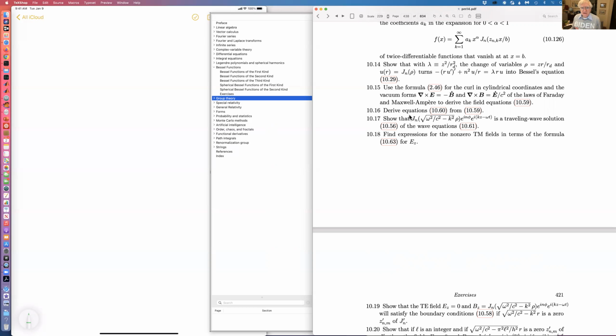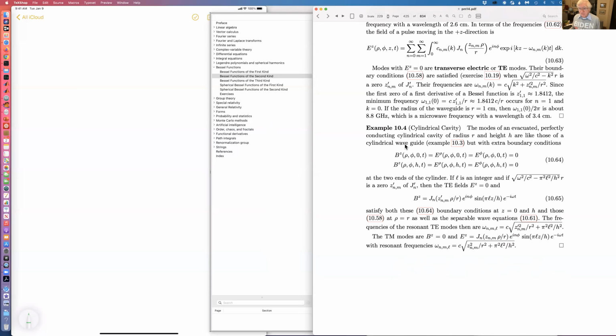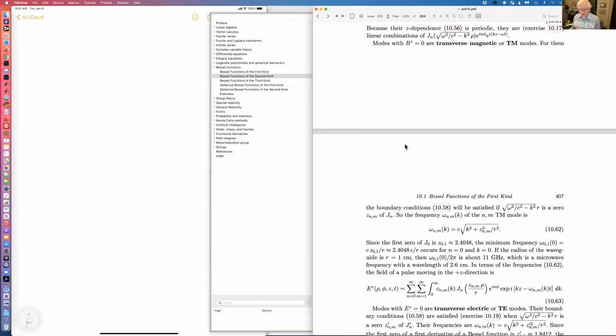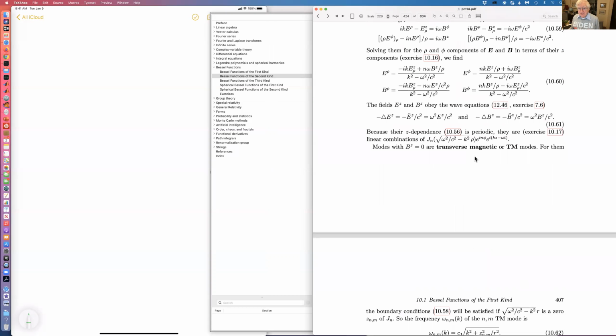let's see, let me go to that equation again. 1063. So here's the expression for Ez, and the formulas for E rho, E phi, B rho, and B phi are given by 1060, and we're said to be transverse magnetic. That means Bz equals 0.